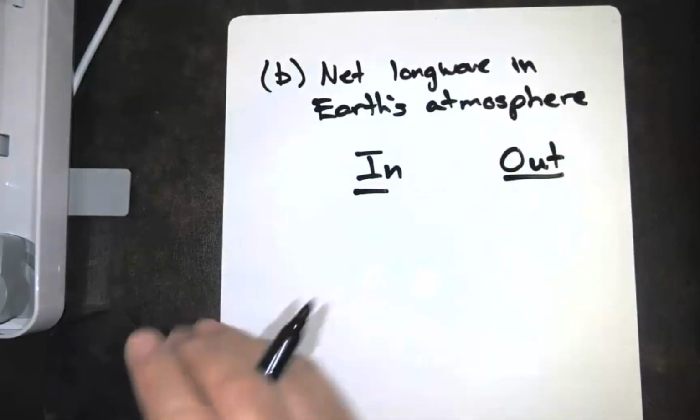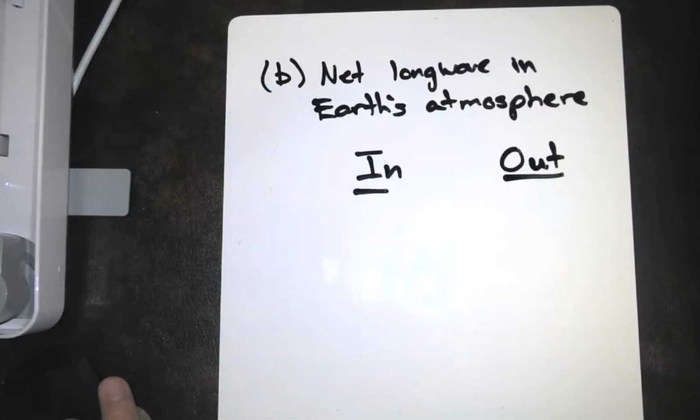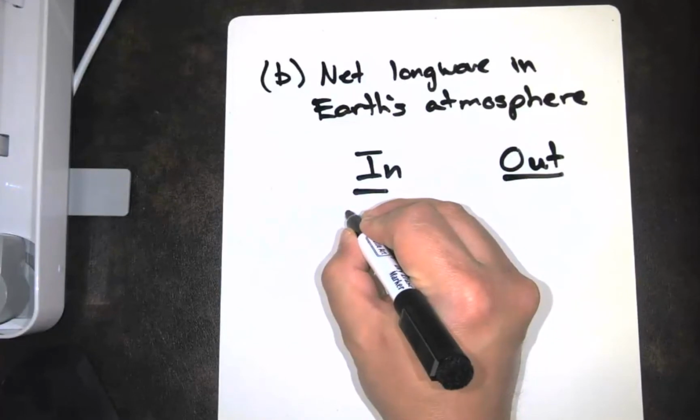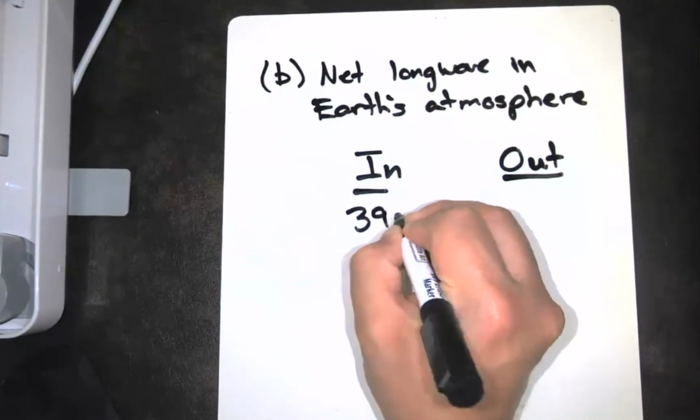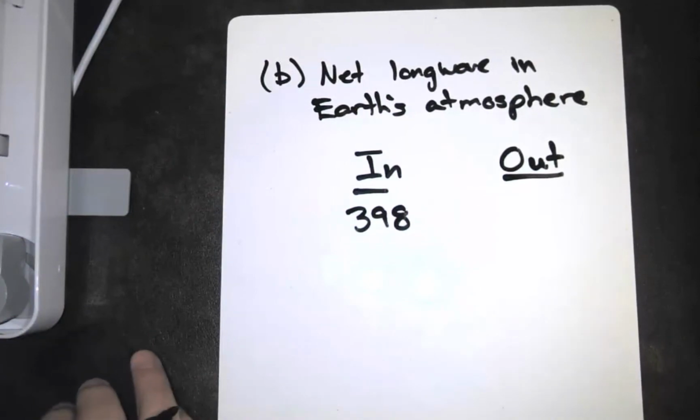So what I have coming into the atmosphere is this 398 watts per square meter that is emitted from Earth's surface to Earth's atmosphere. So that is an influx in the amount of 398 watts per square meter.